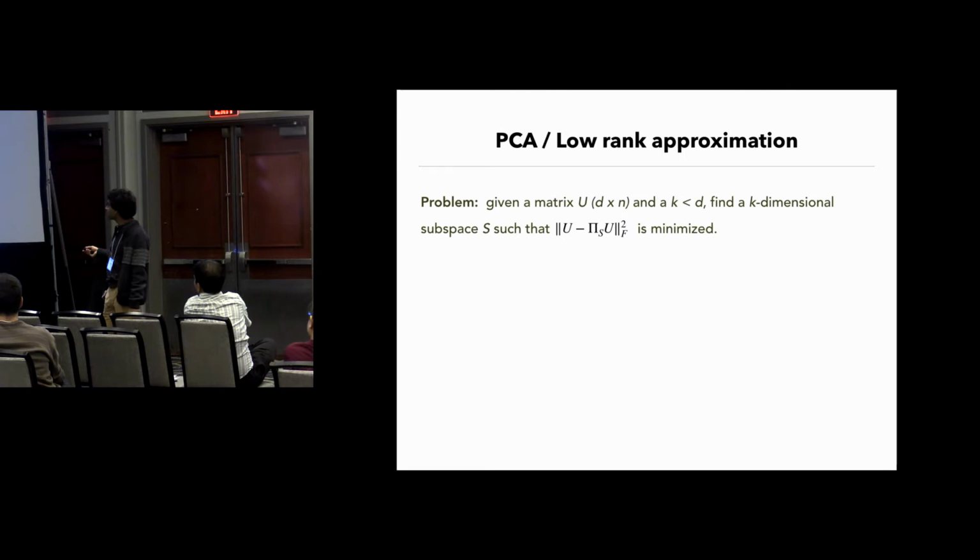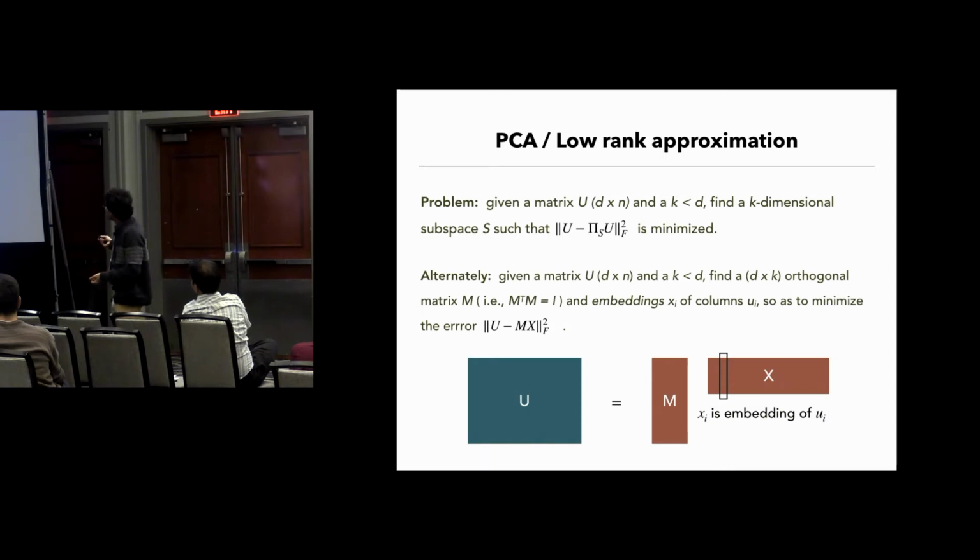So the easiest formulation is the following. You have data in d-dimensional space, and you want to find a k-dimensional subspace such that the sum of the squared distances of the points to the subspace is as small as possible. And an alternate formulation, which is actually what we'll use more for this talk, is the following, where you are given some matrix U, and you want to decompose this matrix into some M times X, where M is an orthogonal matrix, okay?